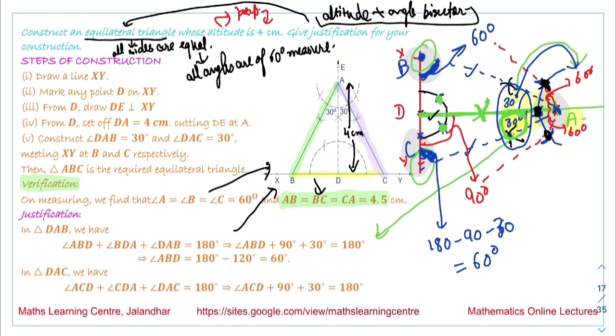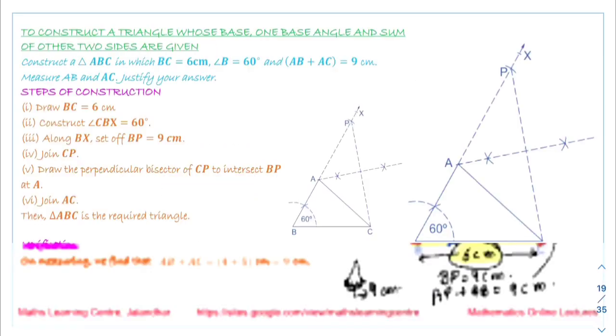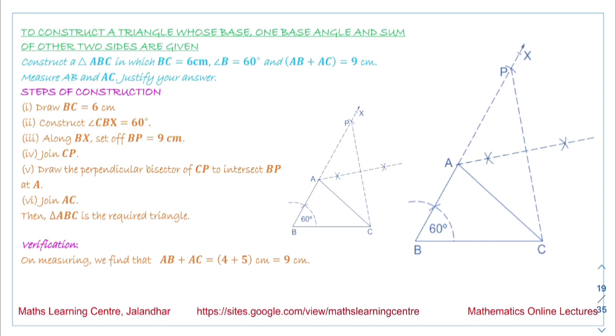Now the next construction that we have is to construct a triangle whose base, one base angle and sum of two other sides are given. So we have to construct a triangle ABC in which BC is equal to 6 centimeter, angle B is equal to 60 degree, and AB plus AC is equal to 9 centimeter.